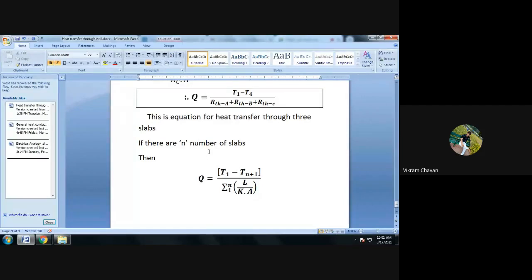Important derivation, and there is more weightage for this particular composite slab and the plain wall or the composite wall in GATE examination. These formulas are very much important for your GATE examination. Near about 8 to 10 marks of questions come from this subject, and there is a fixed 2-mark question on the composite wall.